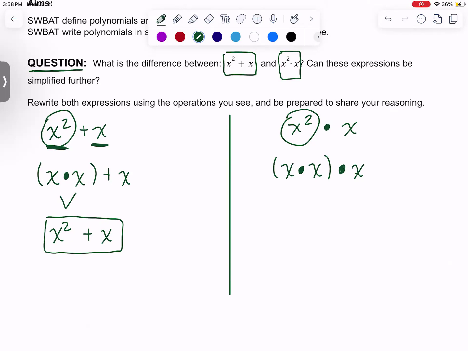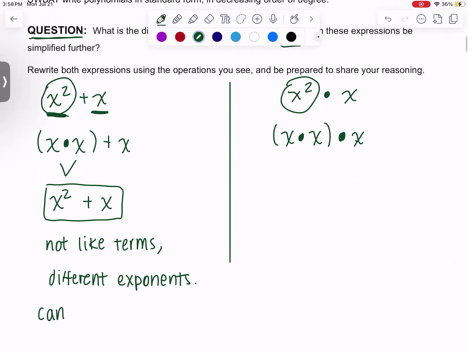The exponents are different. So write this down, not like terms. Different exponents. We can't combine or add. To combine like terms means you add or subtract the like terms, and you can't do that here.